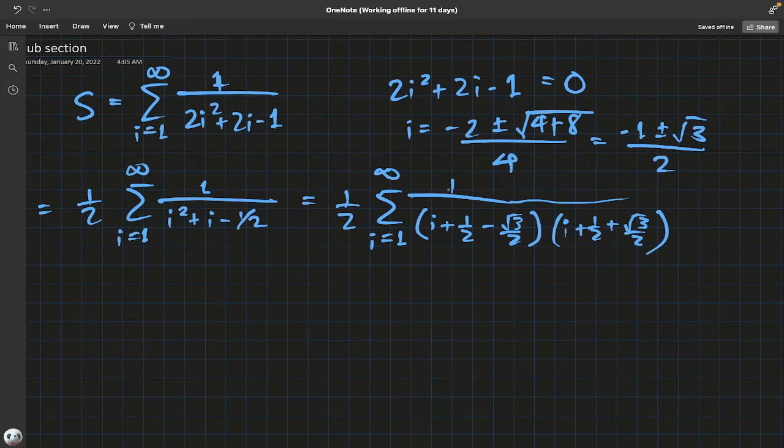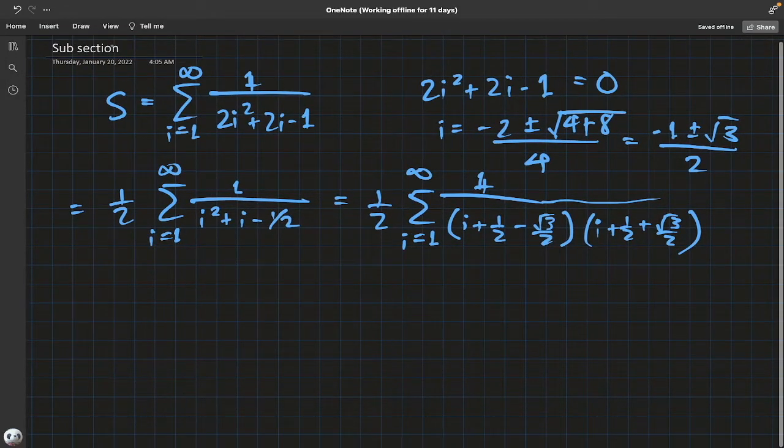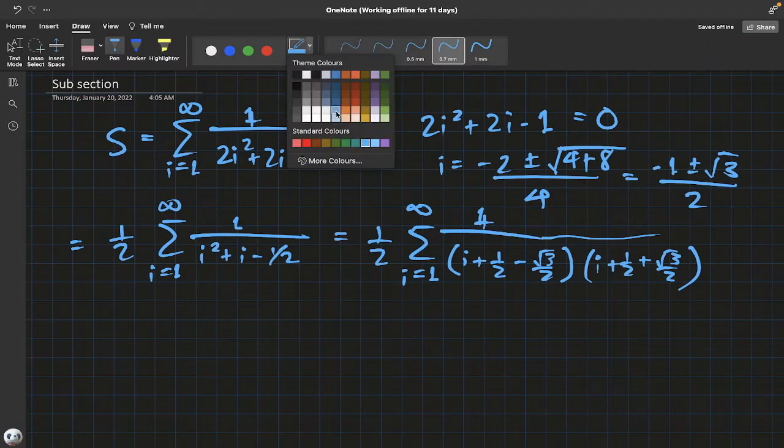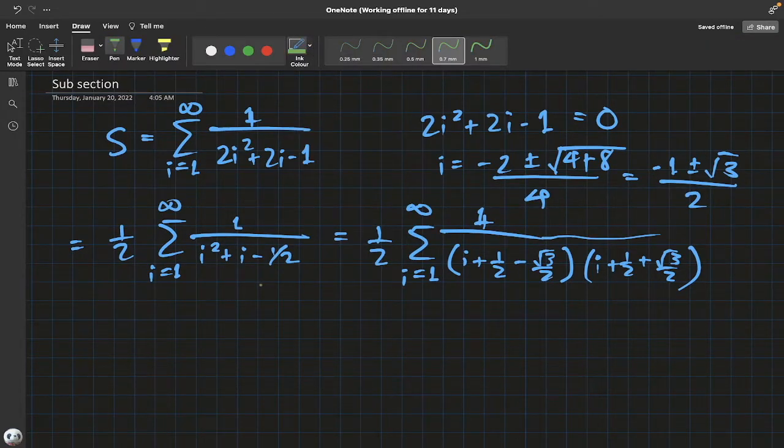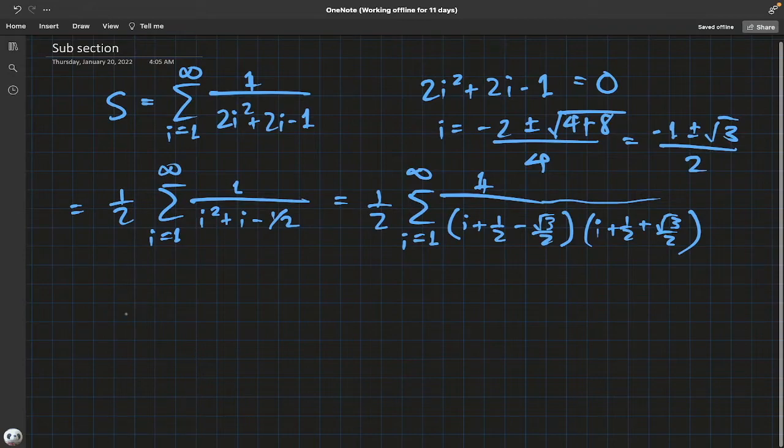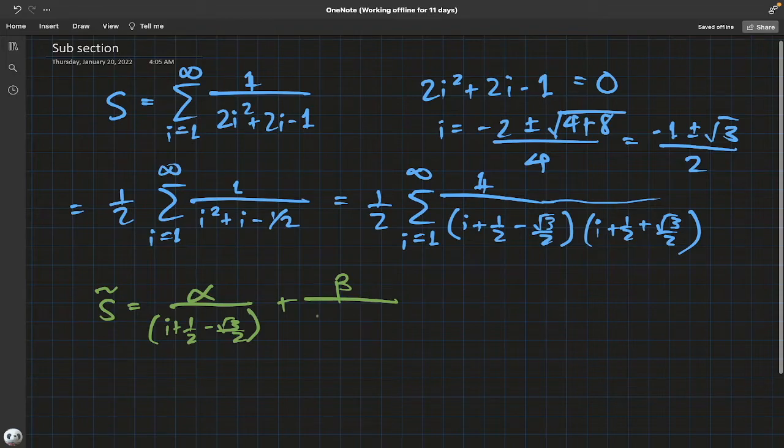And now I would like to do a partial fraction decomposition on this thing itself. So just choosing a better color. We want to have the summand of S as some alpha over I plus 1/2 minus square root 3 over 2 plus beta over I plus 1/2 plus square root 3 over 2.